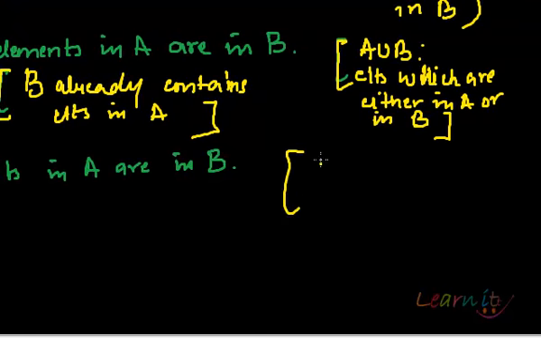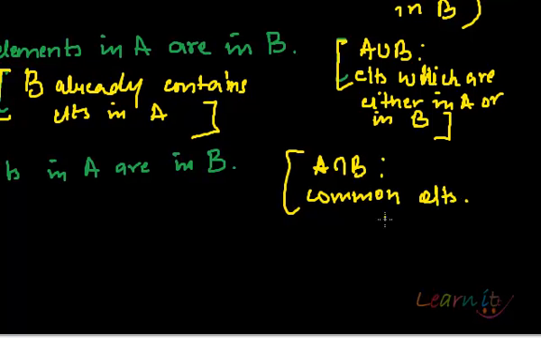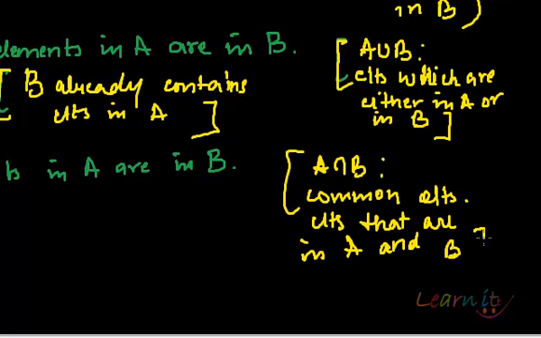What does intersection mean? Whatever the common elements are, they form the intersection. So elements that are in A and B both.